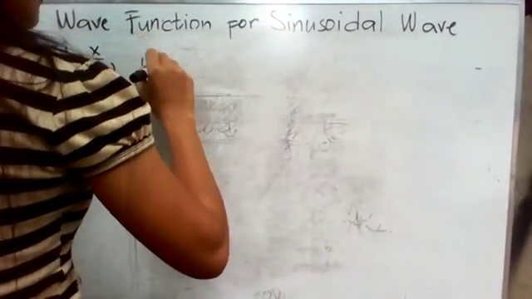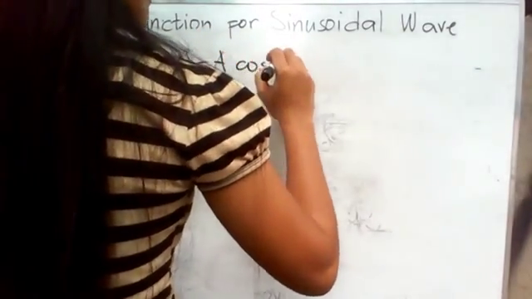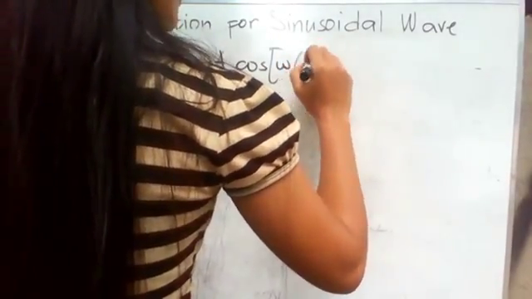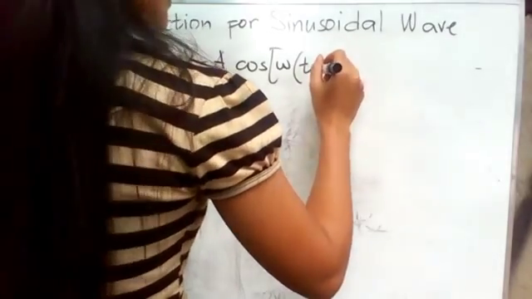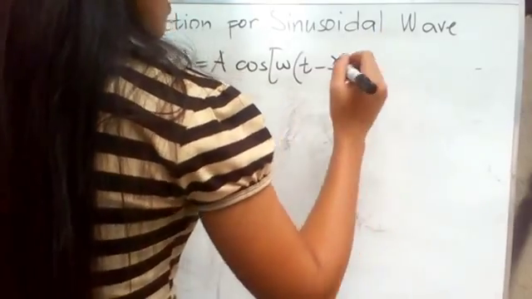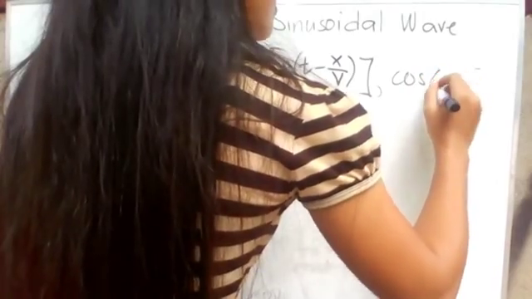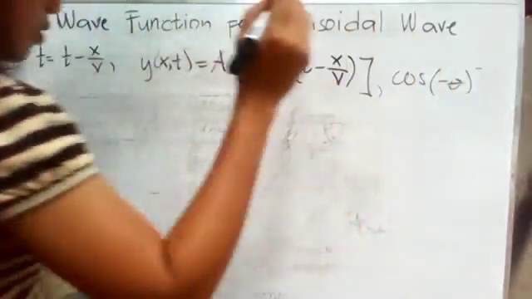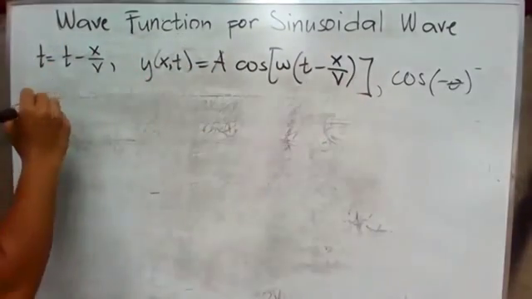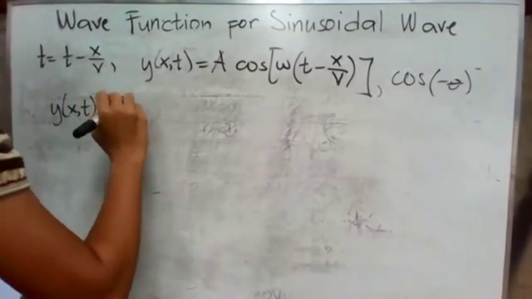y(x,t) is equal to A cosine omega times, replacing the time with t minus x over v. Because cosine of negative theta equals cosine of theta, we can rewrite the equation.